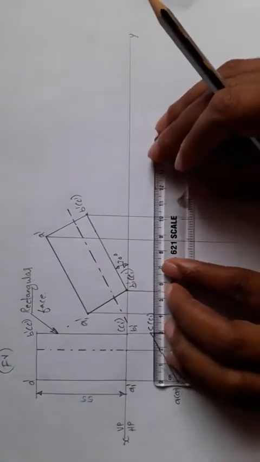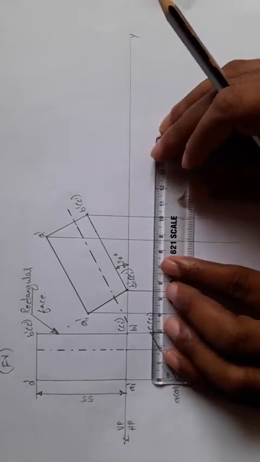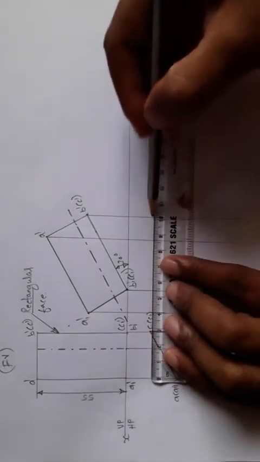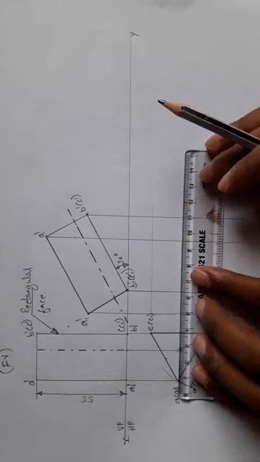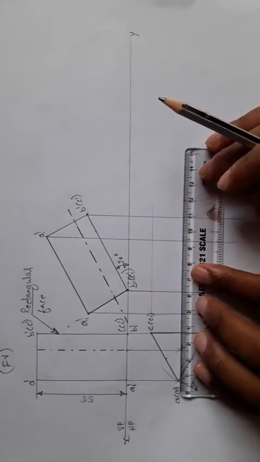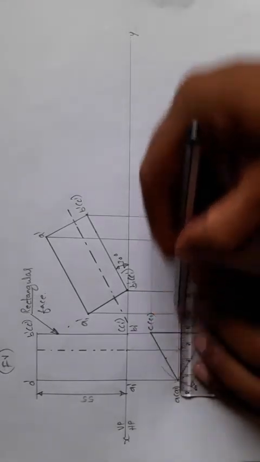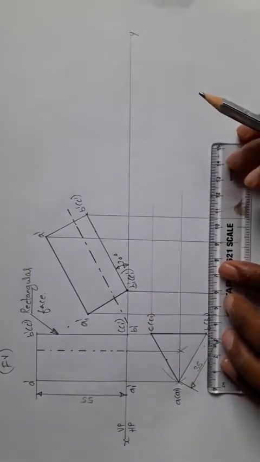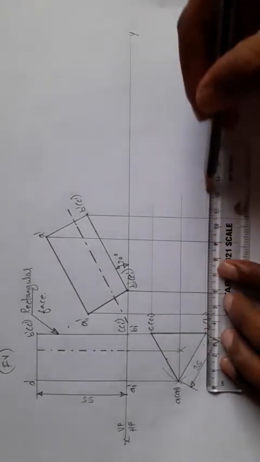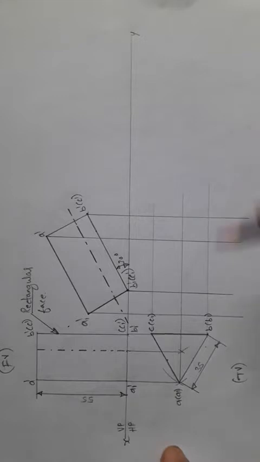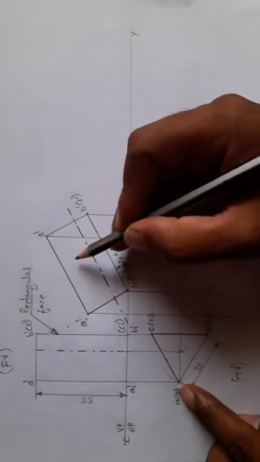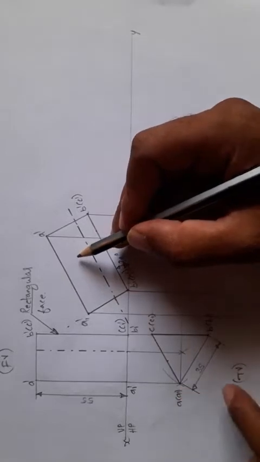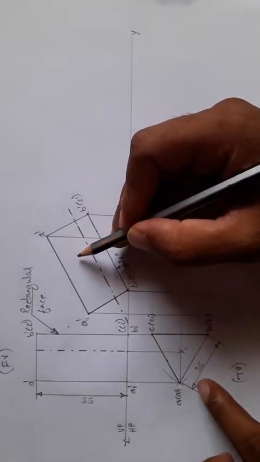Similarly, I am going to draw the horizontal line from the first stage of the top view. I am going to coincide the point from the second stage of the front view to the first stage of the top view.